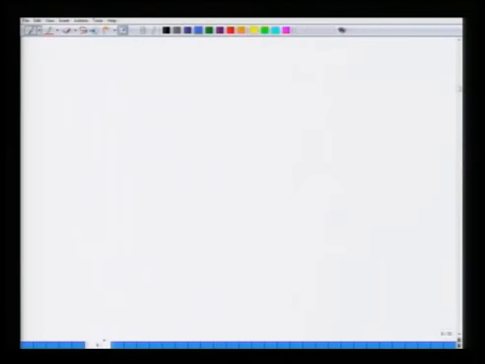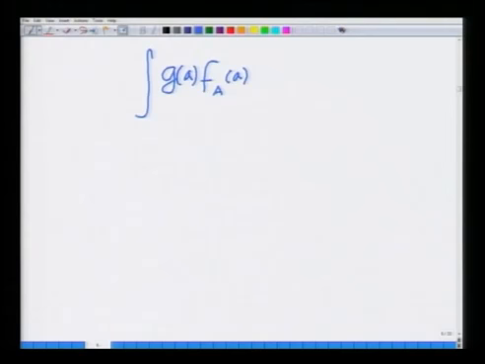All right. For instance, for any function of a random variable, let us say I have a function g, which is a function of the random variable a, the average of g is computed as g of a times f of a integrated between the limits.